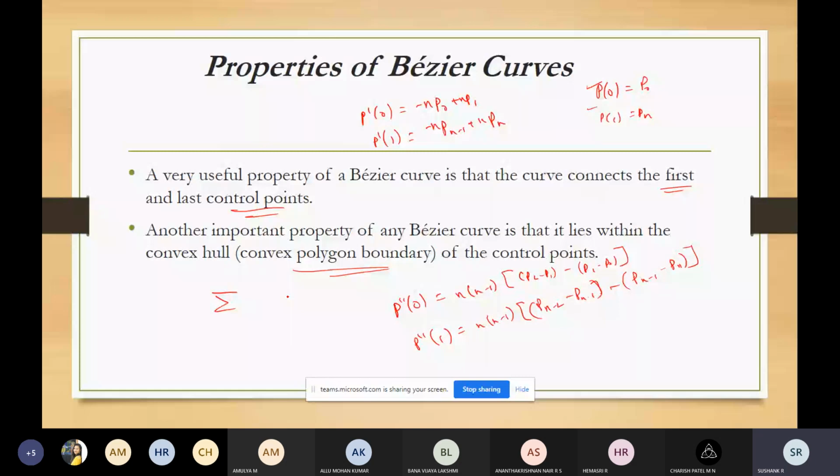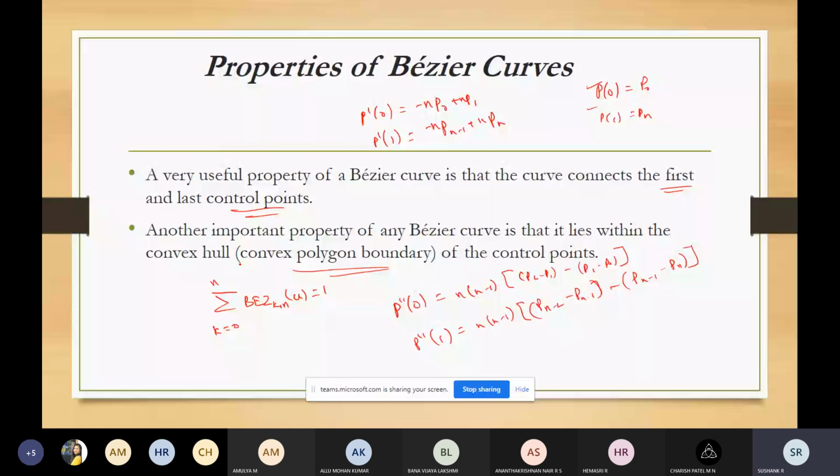So by using this Bez function, we know that all the values are positive, and the sum of this equation will always result in 1.